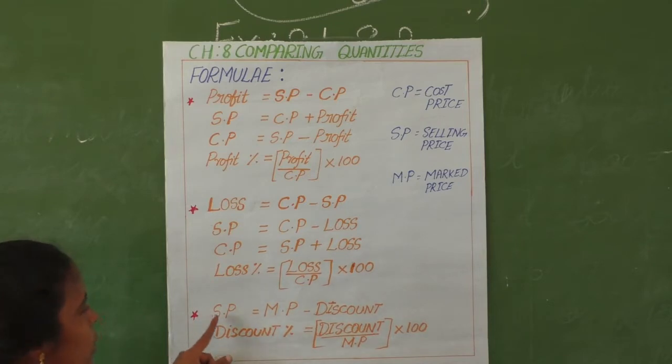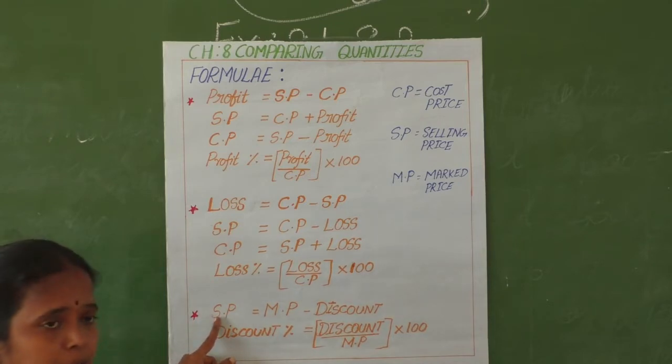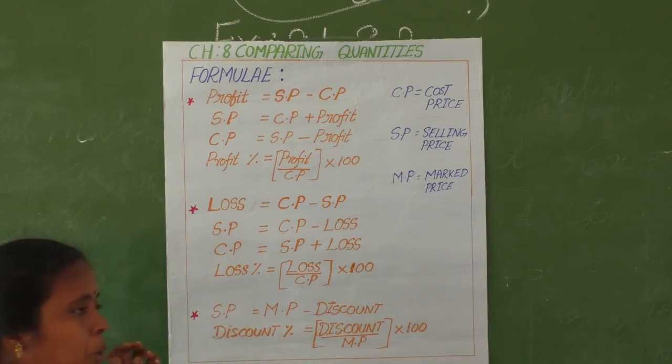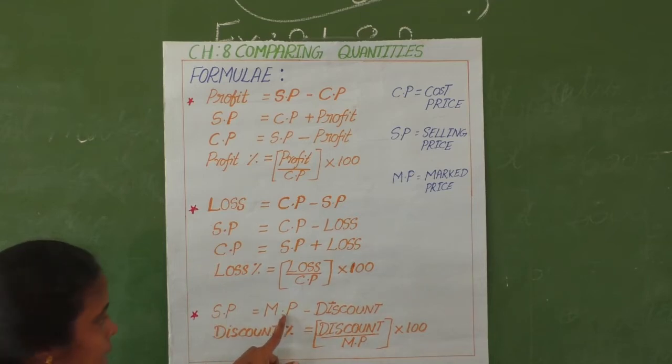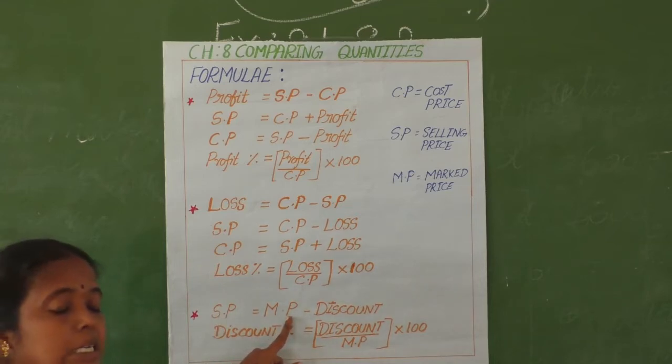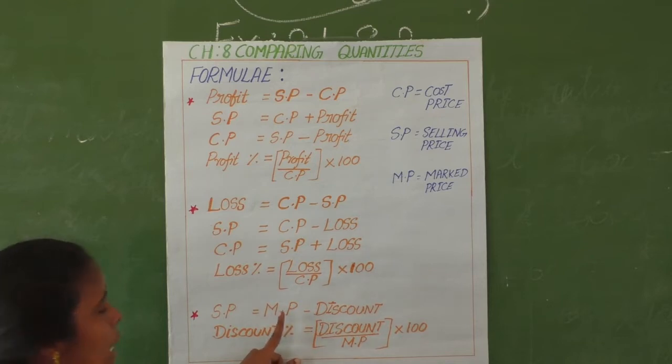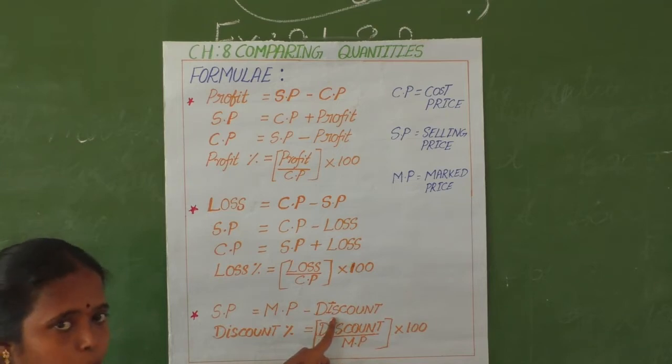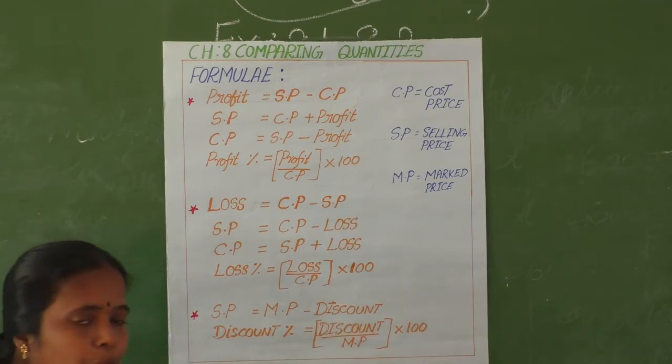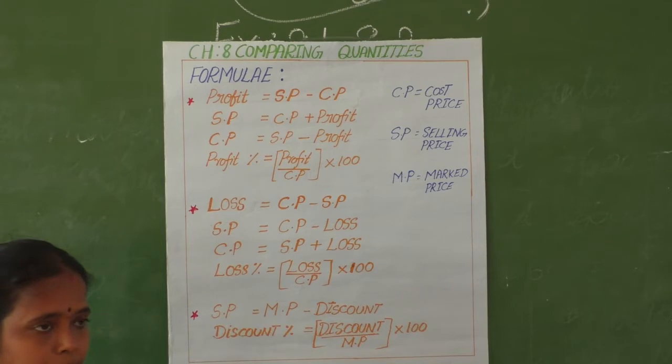Okay, so selling price, that means sales price. Suppose you are going to purchase one saree for Diwali. There is some amount marked on the saree, that is called marked price or list price. They told 20% discount. How much amount will you give to the shopkeeper after purchasing?